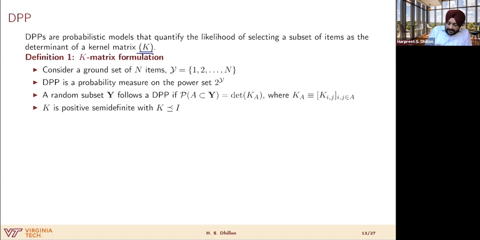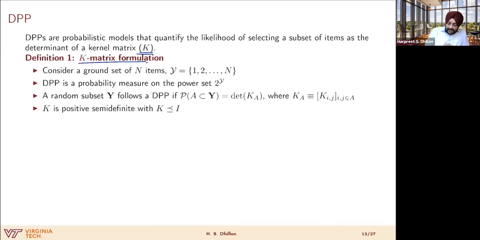You have a kernel matrix K, which will be describing this probability. We have two different definitions for DPP. Definition one, you can think roughly in terms of the CDF, and definition two, sort of in terms of PMF. Definition one is what we call a K matrix formulation.